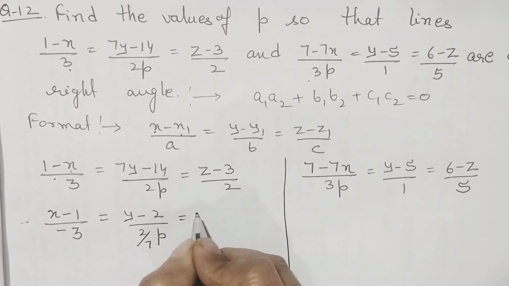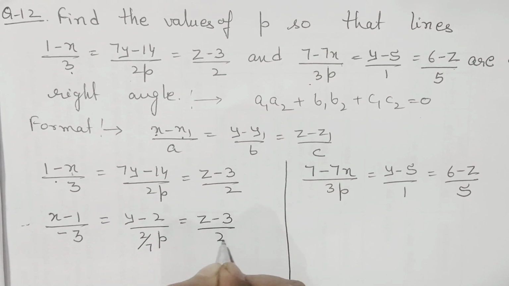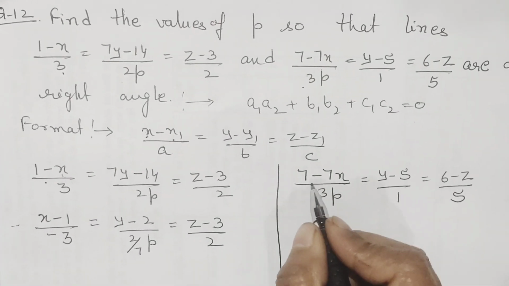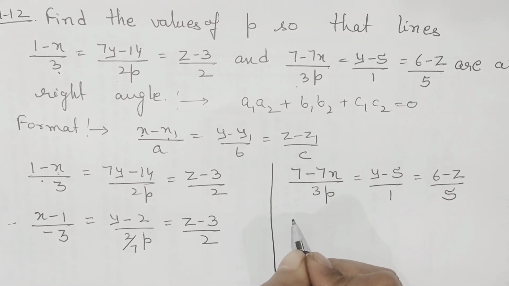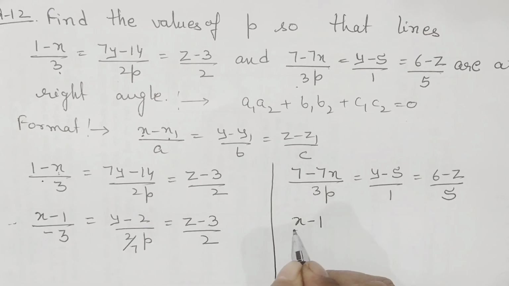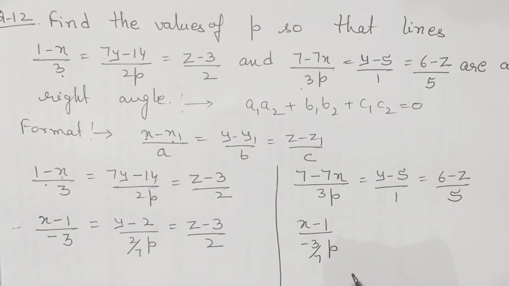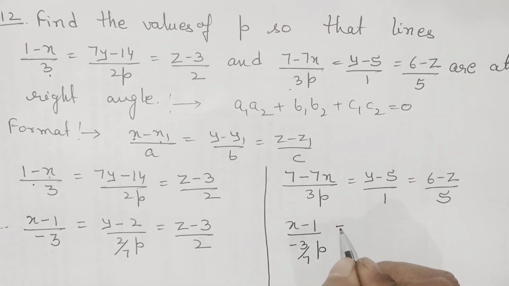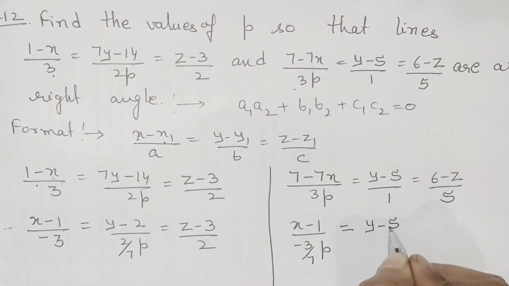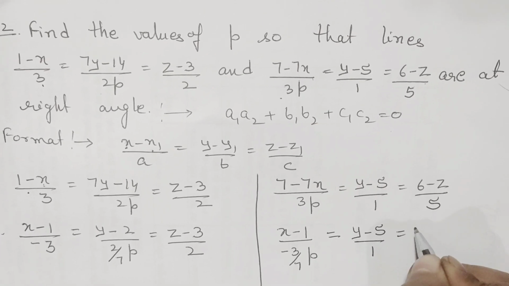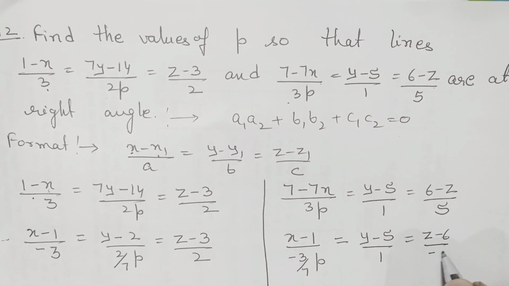Now this one is in the proper format, so we write it as it is. Similarly over here, it becomes x minus 1, and we divide by minus 7, that is minus 3 by 7p. Clear? Here it is in the proper format, y minus 1 over 5, and here the format changes and we get minus 5.